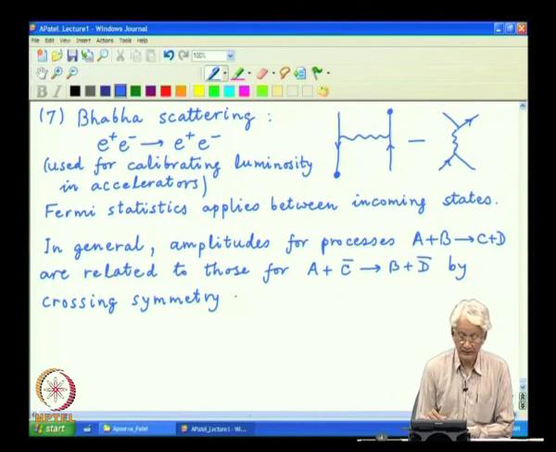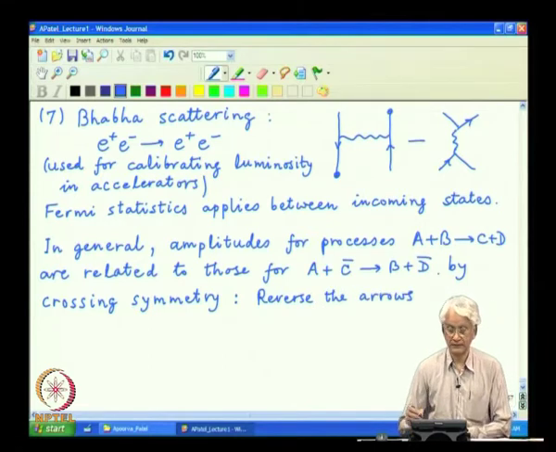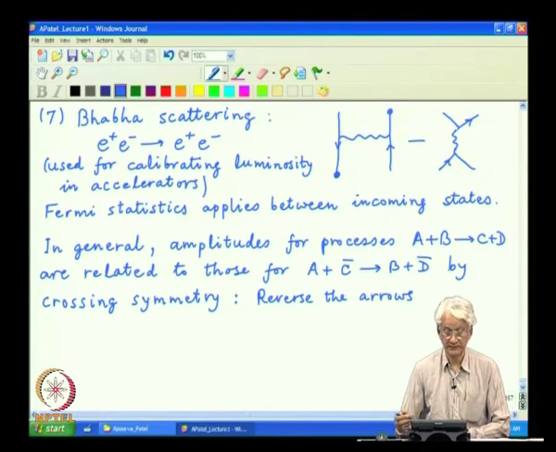And in terms of actual calculation, what one has to do is reverse the arrows for the objects which are shifted from the right hand side of the equation to the left hand side.